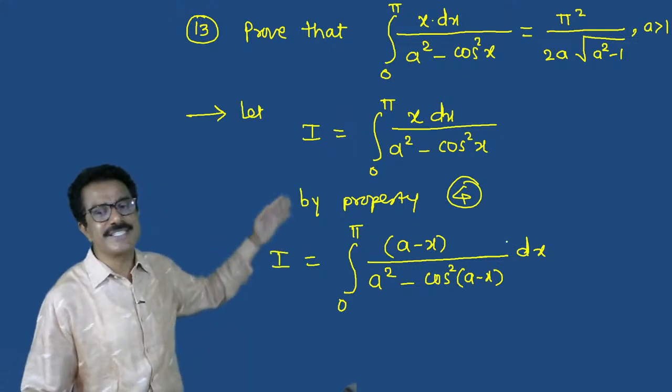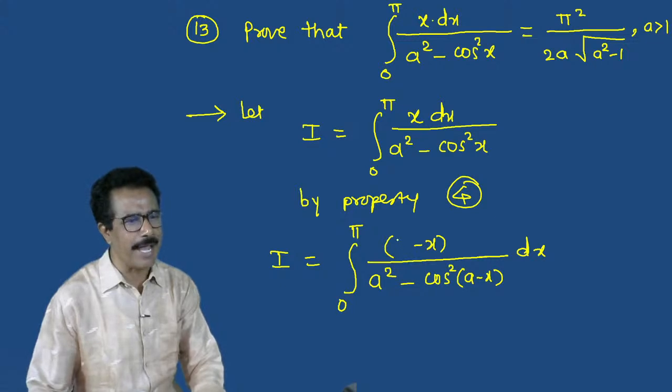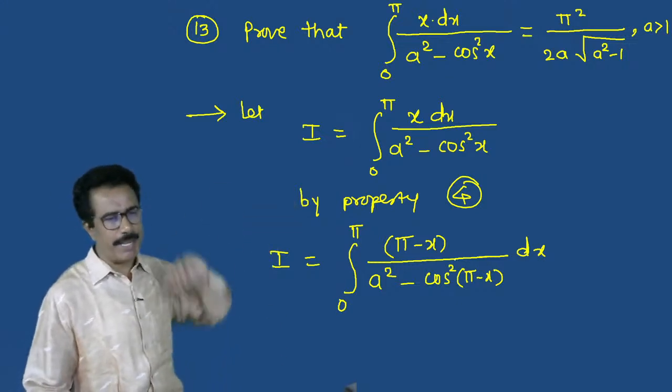Here a means pi. You must write pi here, not a. Okay, pi minus x, pi minus x.